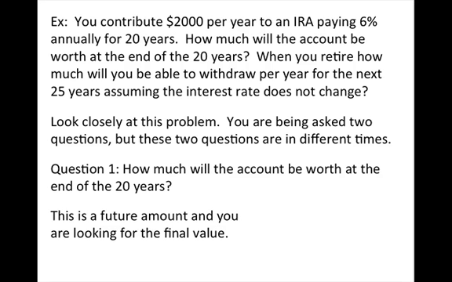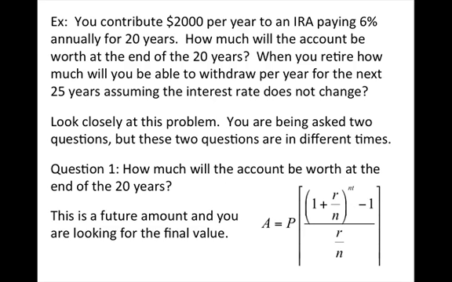So I'm contributing $2,000 each year, and I'm going to do this for the next 20 years. How much will I have in the future? So that's my A equals P formula. I'm looking for the final value, so I'm starting with A, and then it's the future value, the A formula, not the present value, not the V formula.